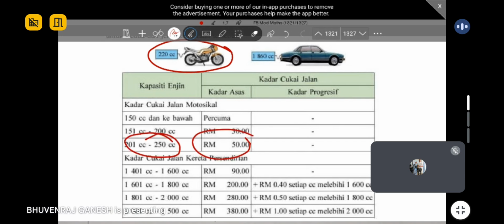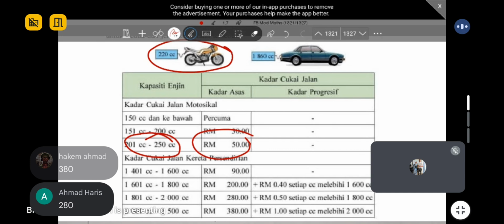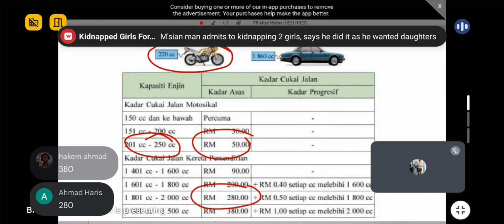Correct. Because 220cc. For now, the car. What is your base rate for car? Apa kadar asas for kereta? If you refer table, you should get. Yes. RM 280.